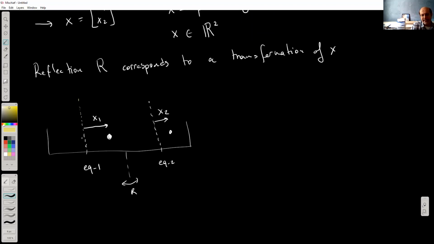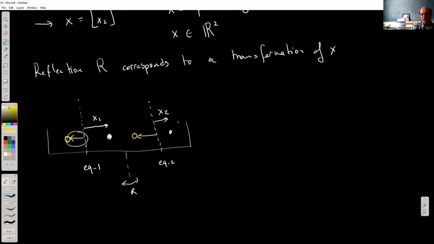So this position is then converted into that position. I'm using this yellow thing to express the location of the masses after the reflection, okay? So as a result, this one will go here, and this one will go somewhere in here, right? This arrow has a length like that, and this arrow has a length like this.